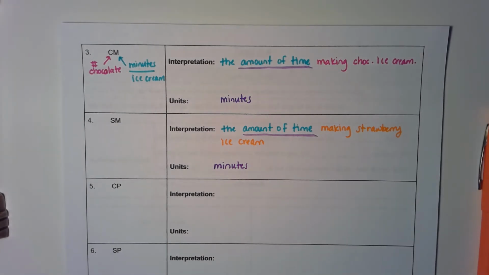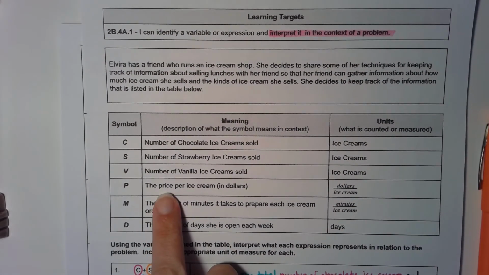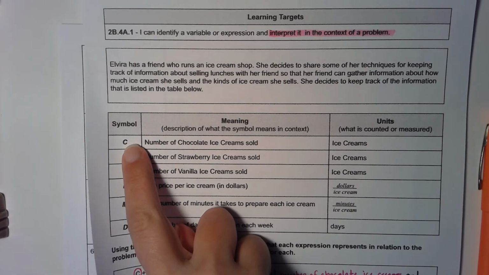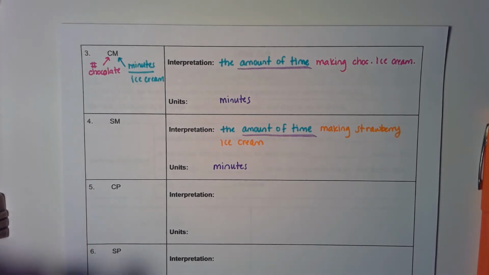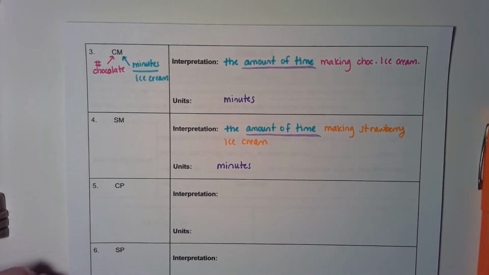Now for problem number 5, we're looking at P, which I believe, if we go back to our table, stood for price. So now we're going to be doing C, which stands for chocolate ice creams, times the price per ice cream. Well, that means we're going to be finding the amount of money that was earned using chocolate ice cream.